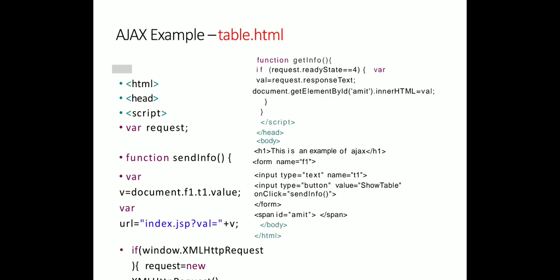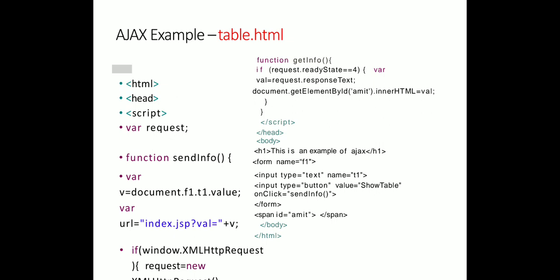Then in the body tag I use a heading like "This is an example of Ajax", and used one form, where the form name is f1, then input type is text and name is t1. That I have already called in the head part. As you can see, the URL equals index.jsp value, and above that there is variable v equals document.f1.t1.